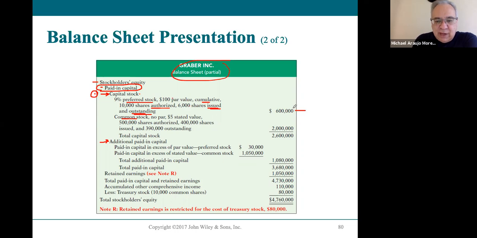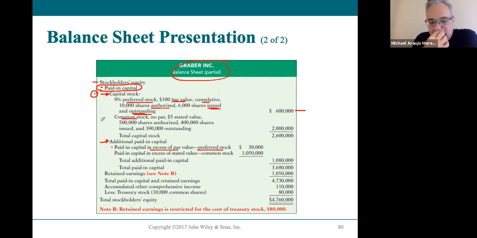So their preferred stock capital stock value is 600,000. They clearly raised more money than that. And that's going to be in the additional paid in capital for preferred stock down in the additional piece here. So any money they raised over and above 600,000, which is the par, will show up in the paid in capital in excess of par for preferred stock. So clearly they raised a good amount of money here.